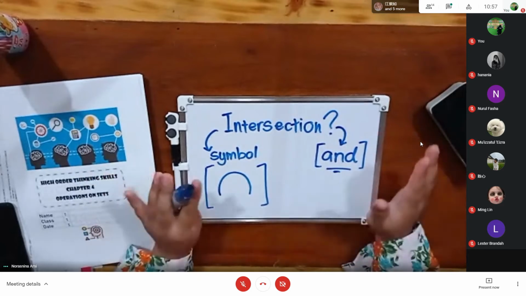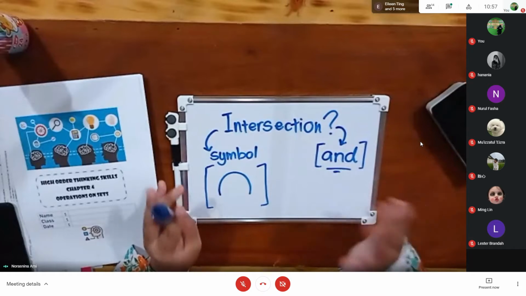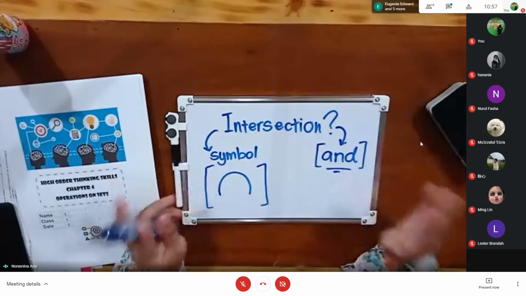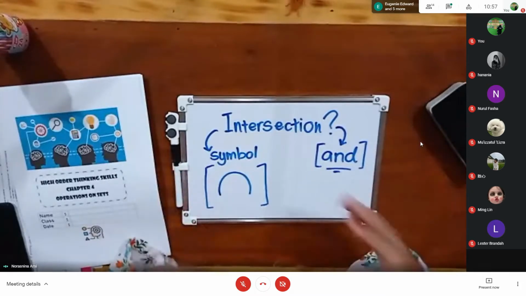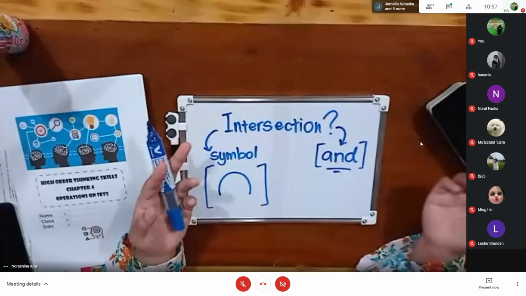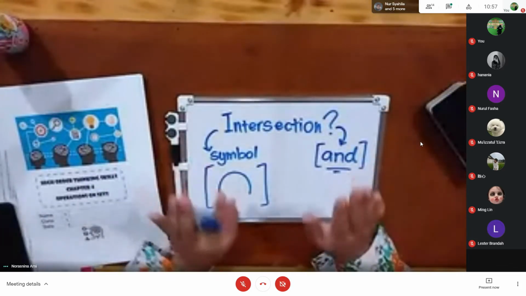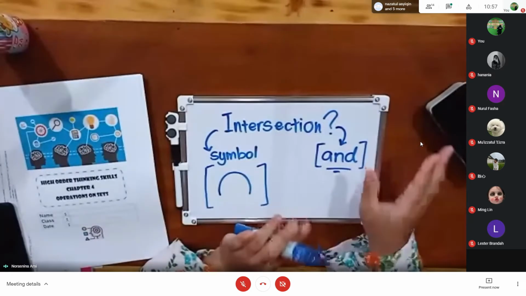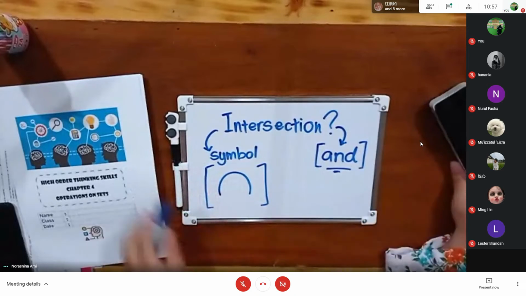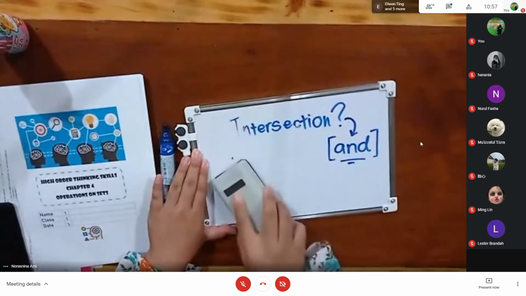For example, in a survey, there is a survey on who likes badminton and who likes ping pong. The question is: how many students like badminton and ping pong? That's involving the intersection of sets. It has the keyword "and", so it means it's intersection. Now how about the union?